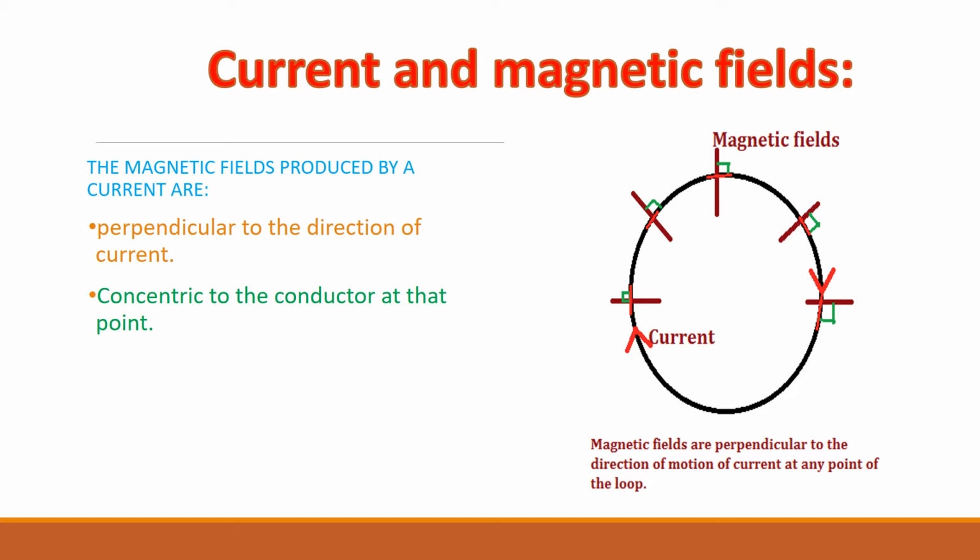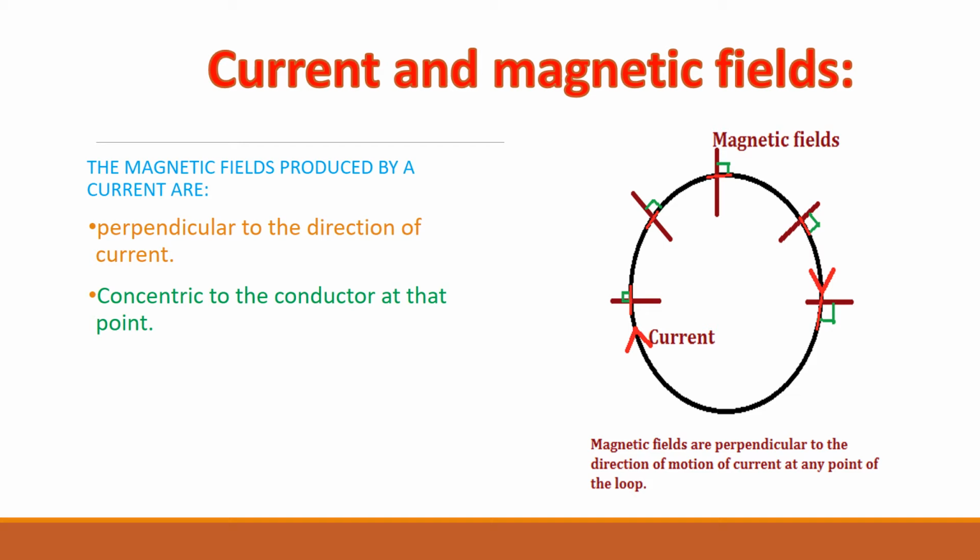Current and magnetic fields always meet at 90 degrees. If current was flowing from left to right, then magnetic field will form from down upwards. Put in another way, if current was flowing horizontally, then magnetic field forms vertically on it.